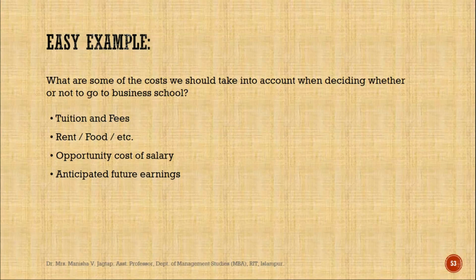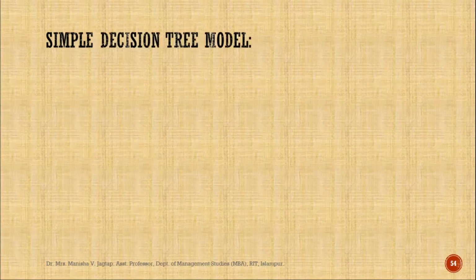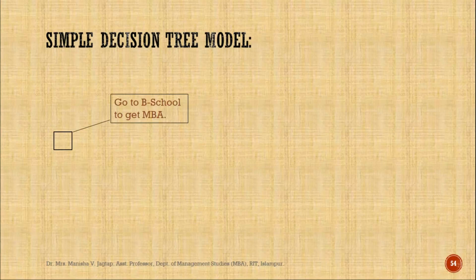So these are certain things we need to consider while taking this decision. So how can we present it in the form of decision tree model? So first decision is concerned with go to B school to get MBA degree, and second decision is go to work in the real world.